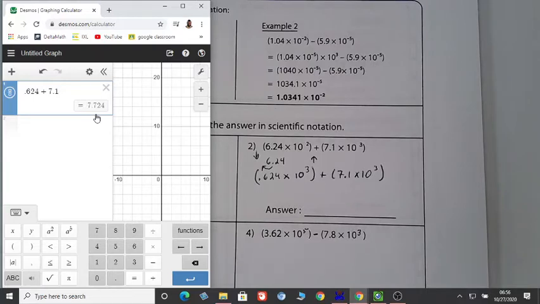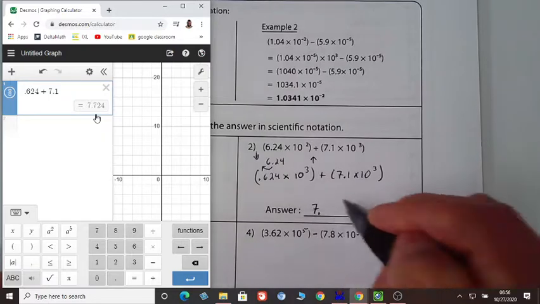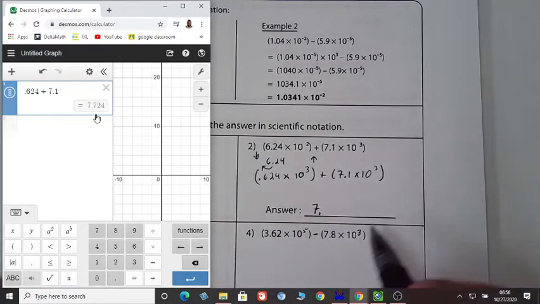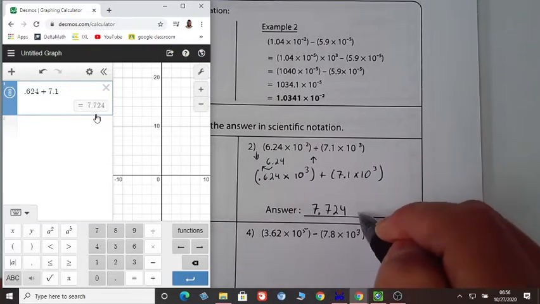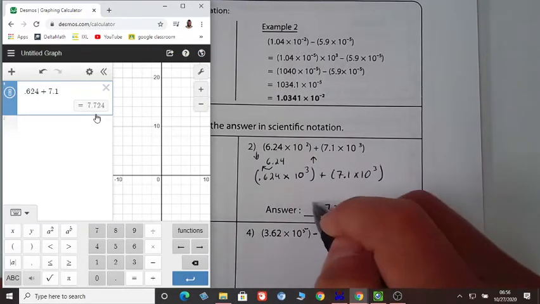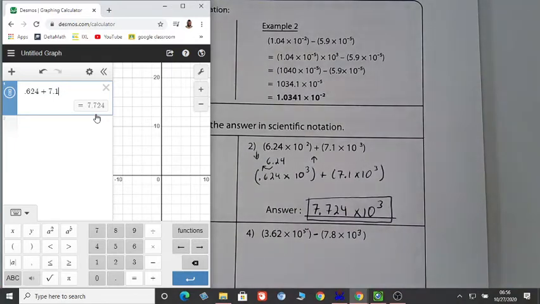So I'm going to write that 7.724. It's already between 1 and 10, so I don't have to readjust it. 7.724 times 10 to the 3rd. Alright, let's do two more.